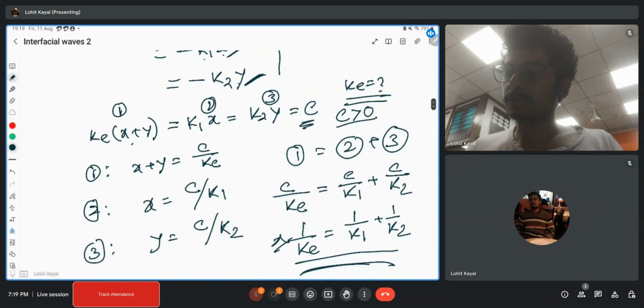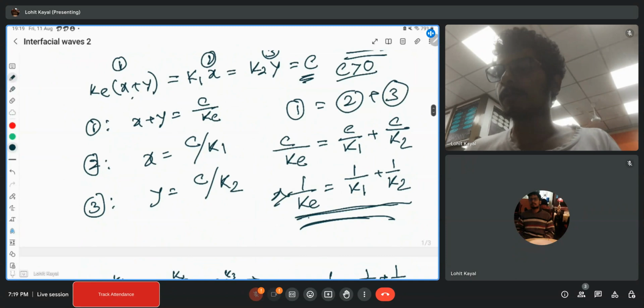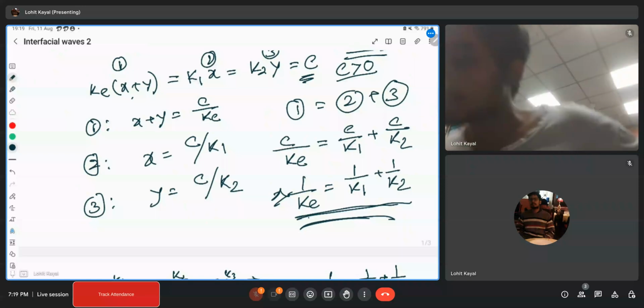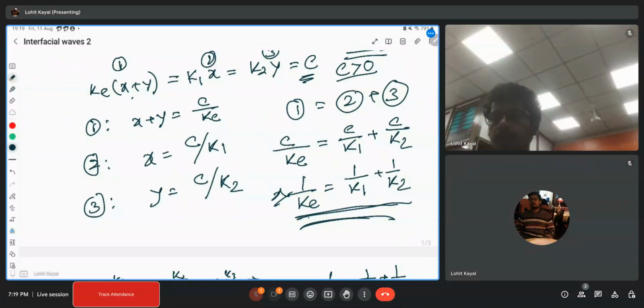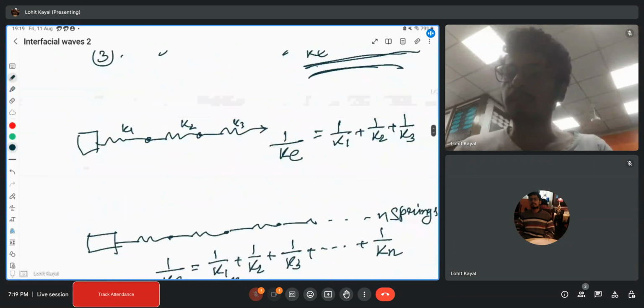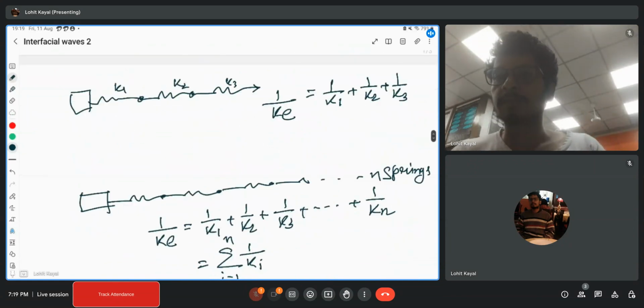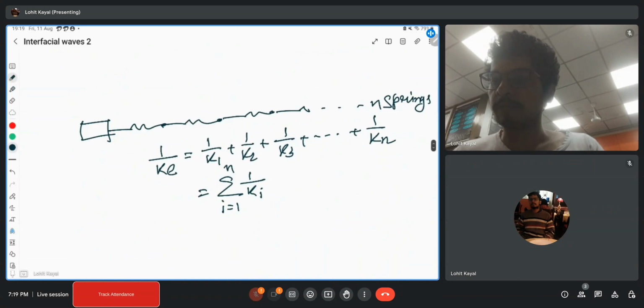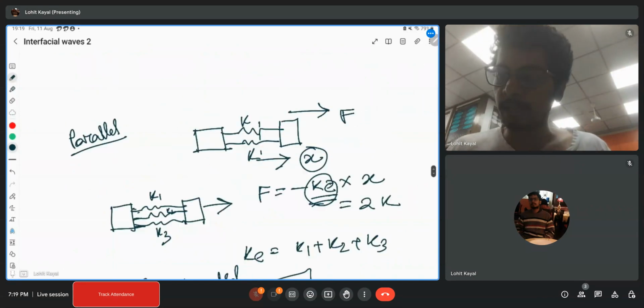Now if you do the simple calculation, you will find that 1 by Ke equals 1 by K1 plus 1 by K2. If you have three springs, four springs, or n springs in series, you simply find the equivalent spring constant using this formula: 1 by Ke equals summation of 1 by Ki.